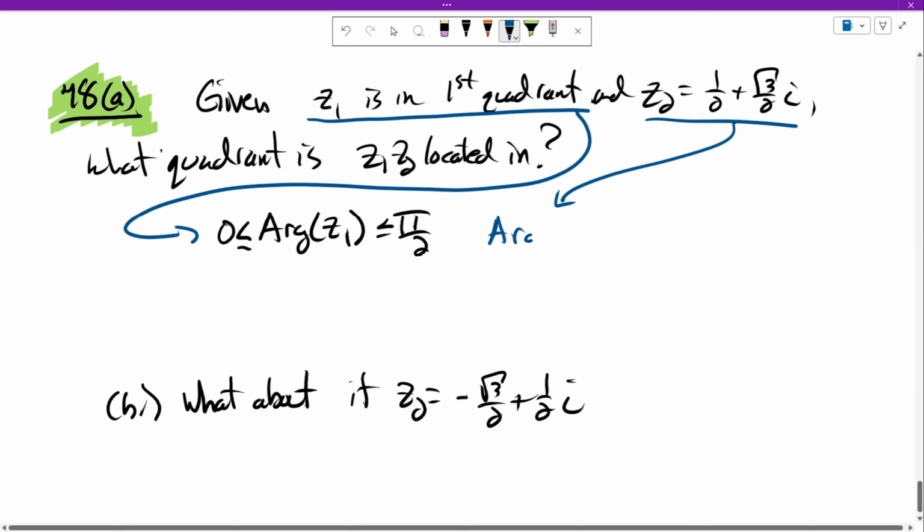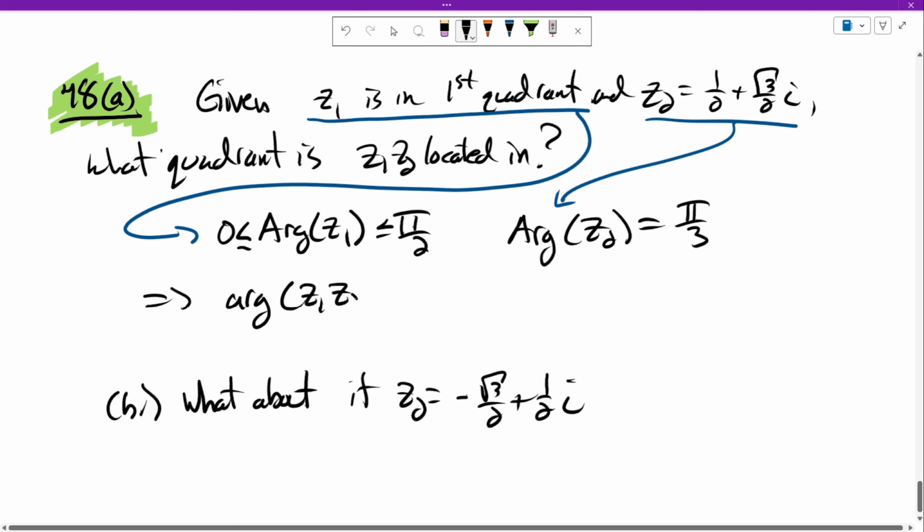The principal argument for this, let's use black colored font. If you think about computing arctangent, in this case, what you're going to find is you get pi thirds. So, I'm going to stop writing principal argument, even though it is still true in this case.